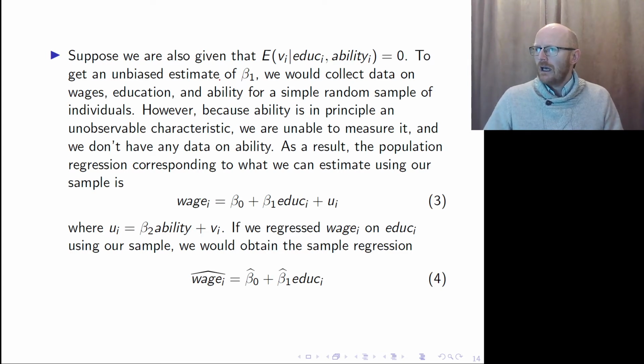So to get an unbiased estimate of the slope on education, we would collect data on wages and education and ability for a simple random sample of individuals. So that would mean that we would have a data table with wages, education, and ability.